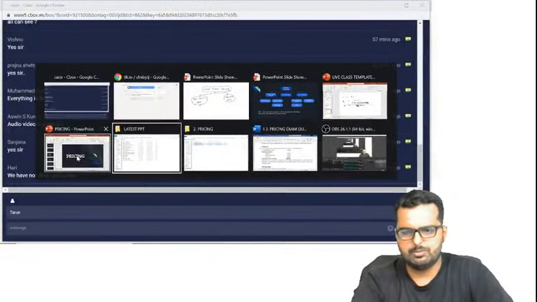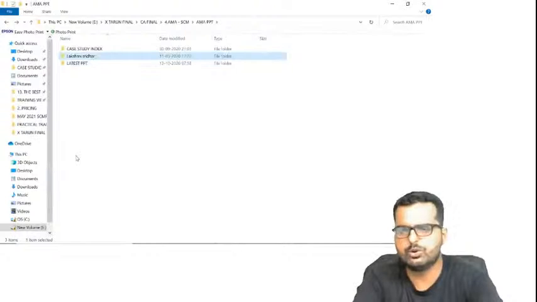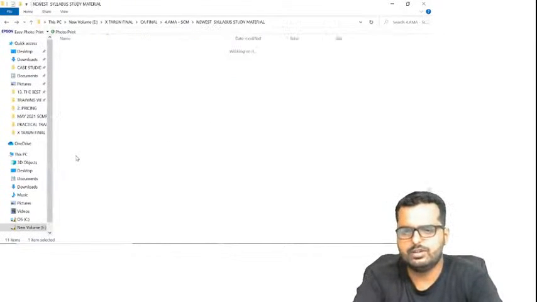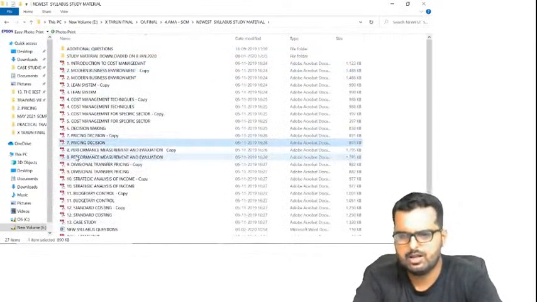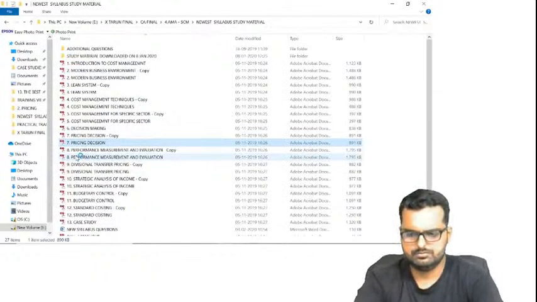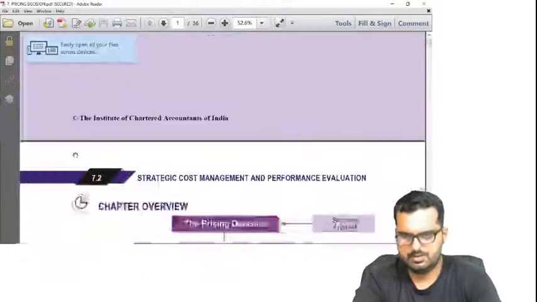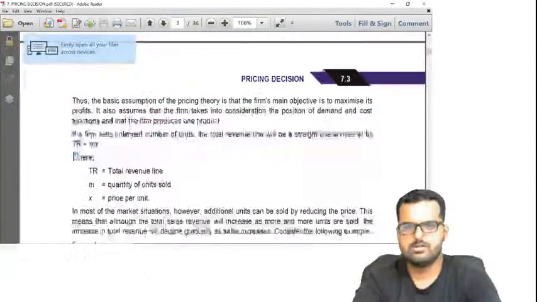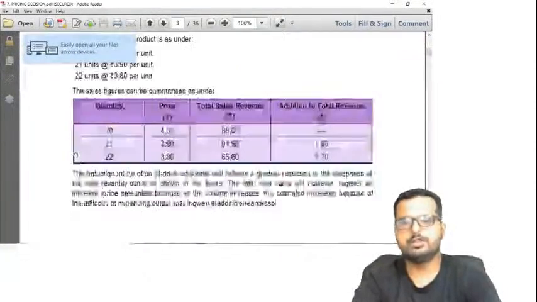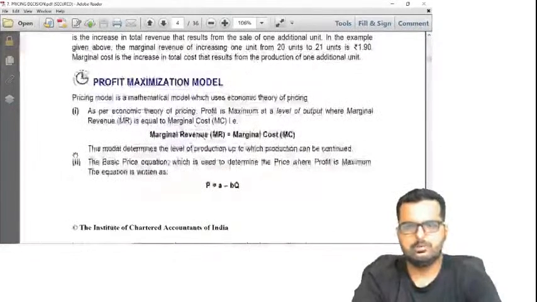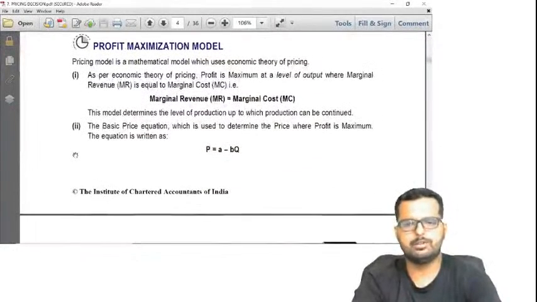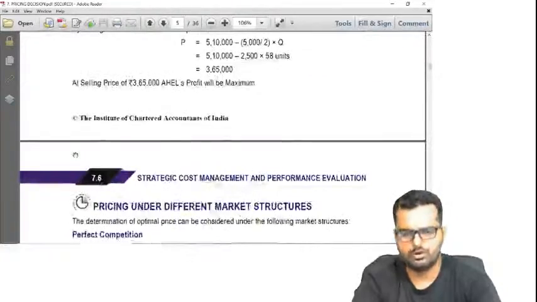Let me take the study material now. Give me a minute. I will show you a question. Let's understand this with the help of the question. Pricing. Theory of price, we just learned the theory of price. Profit maximization model, we learned that marginal revenue is equal to marginal cost.